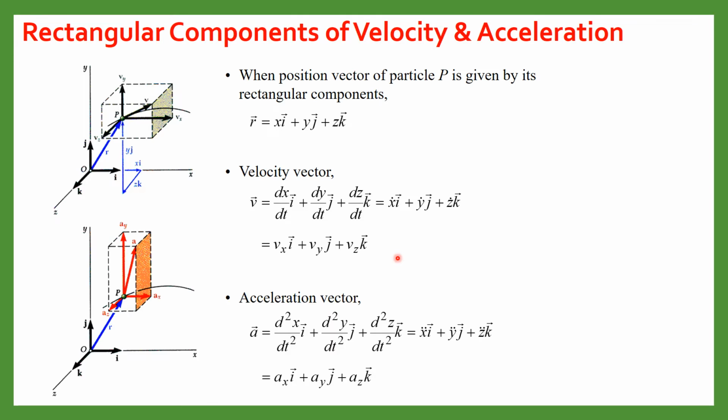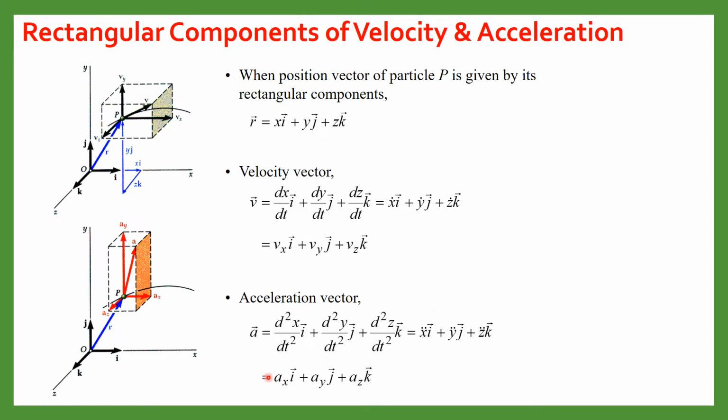Now in order to find the acceleration, you simply differentiate this equation again. So acceleration is d2x by dt square i plus d2y by dt square j plus d2z by dt square k. Or you can also write x double dot i plus y double dot j plus z double dot k.